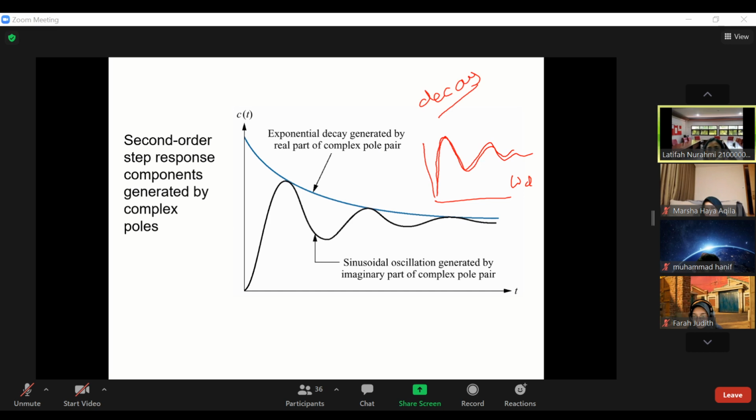So from one peak to another peak, it is decreasing to another peak. That's because of the real part. Okay, that's how they affect your output.